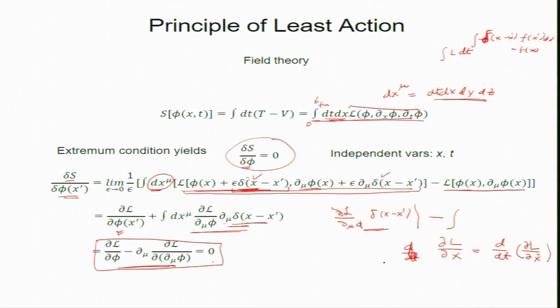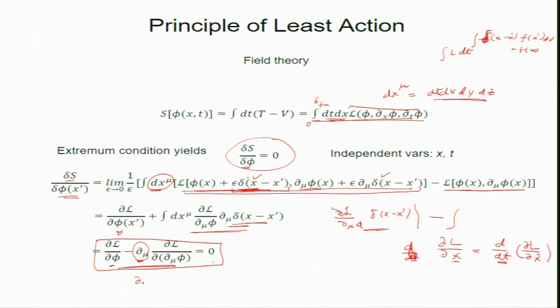So, instead of x I have to say phi, this x is replaced by phi, and d by dt is replaced by these derivatives. There are 4 derivatives in 3D, but in one space and one time dimension there will be 2 derivatives.